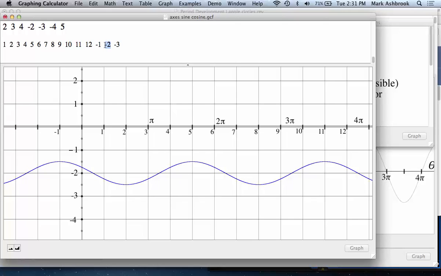They're all sine graphs. They're all sine graphs. And they're all cosine graphs.